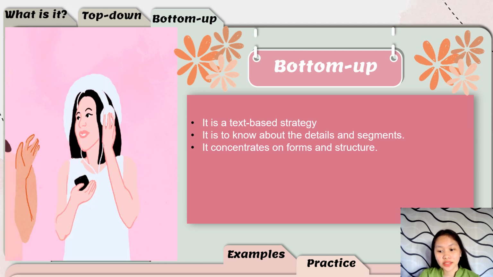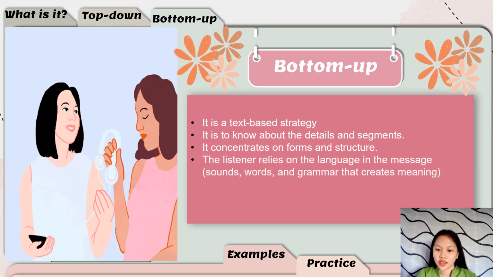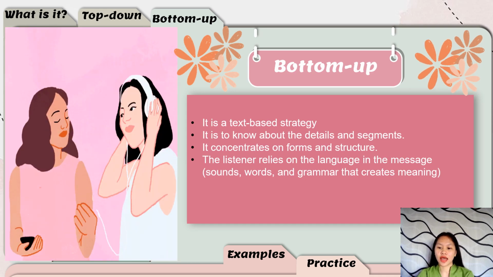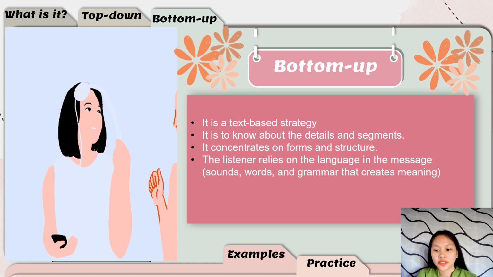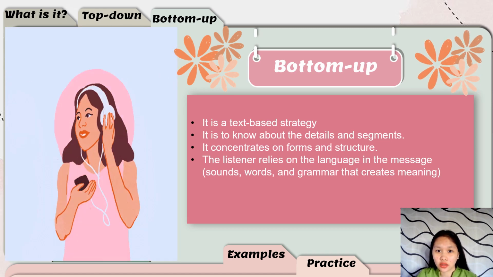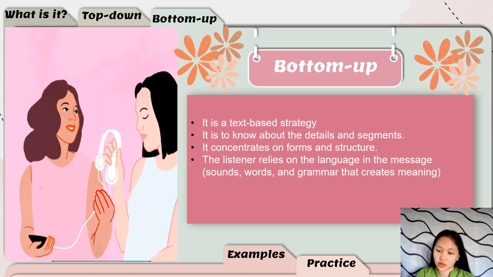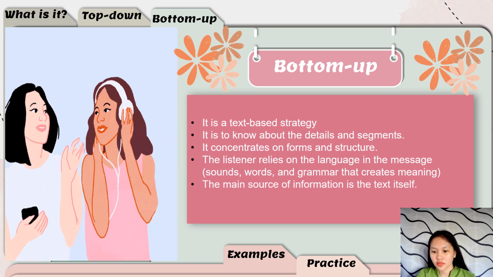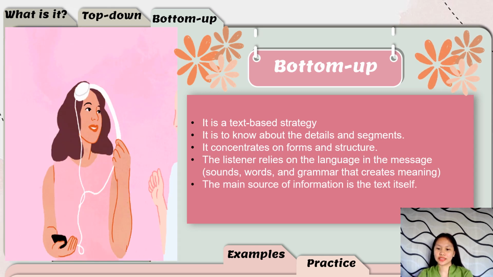It concentrates on forms and structure. The listener relies on the language in the message, sounds, words, and grammar that create meaning. It only focuses on the specific details in the text. And the main source of information is the text itself.